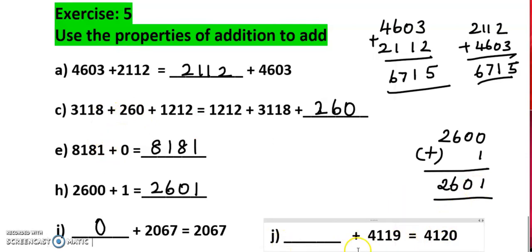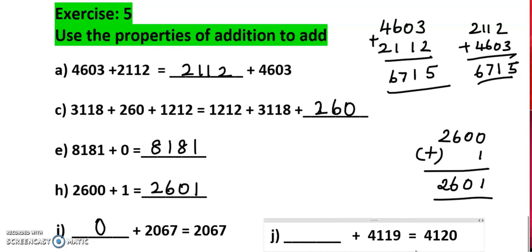Here listen children, 4119 they have given. So dash plus 4119 equals 4120. On the right hand side they have given 4120. So what is this number? This is the next number after 4119. So this is the successor of the number.